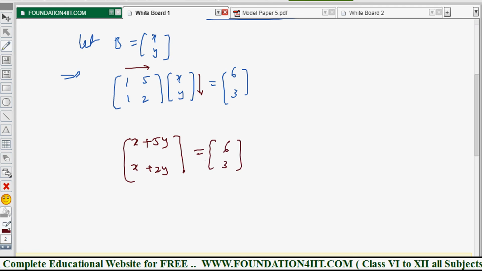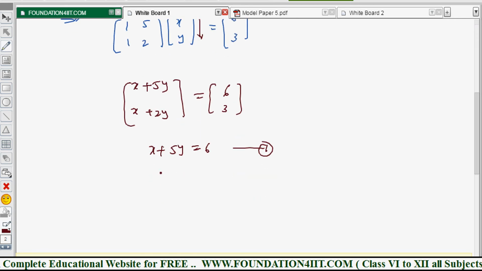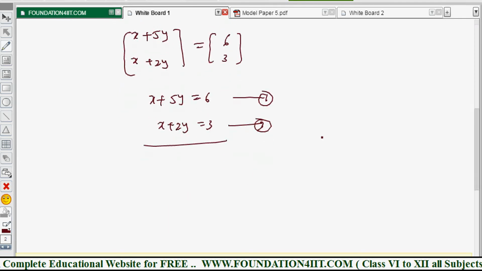By equating corresponding elements, we get x plus 5y is equal to 6 as the first equation, and x plus 2y is equal to 3 as the second equation. By solving these equations we find x and y.